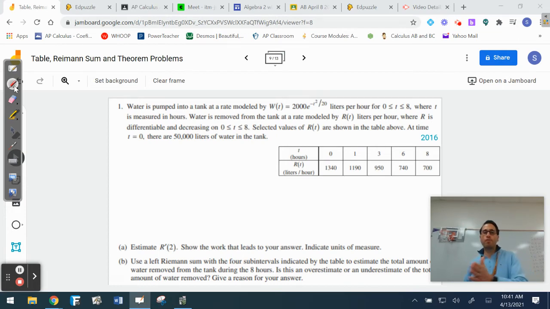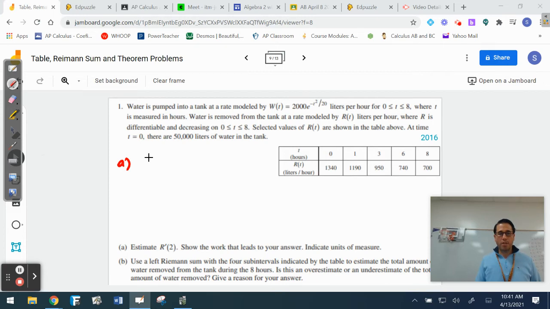Water is removed from the tank at a rate modeled by R(t), which is liters per hour, and the table is given below. And it says that R is differentiable and it is decreasing. Selected values of R(t) are shown in the table. At time t equals 0, there are 50,000 liters of water in the tank. So that's like an initial condition.